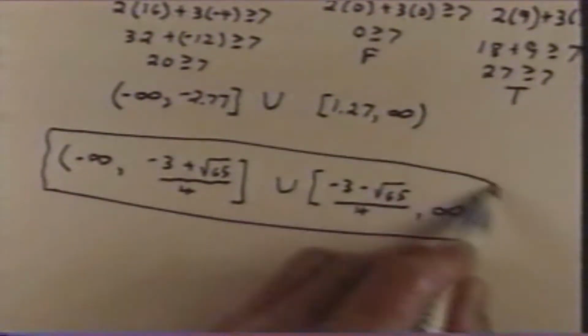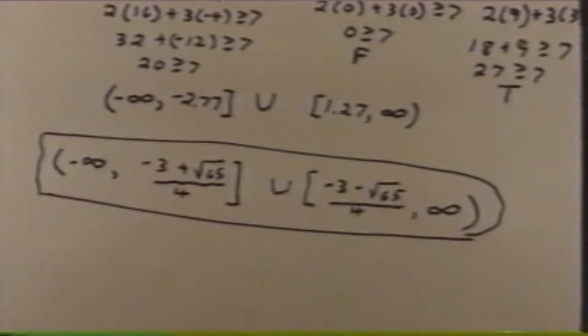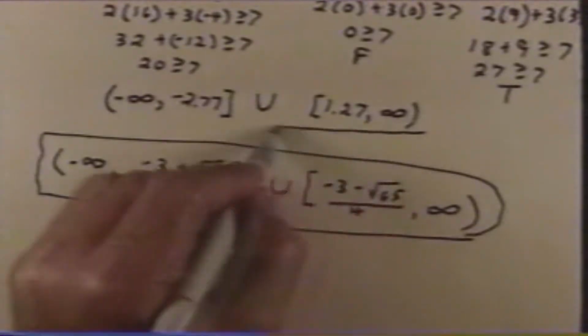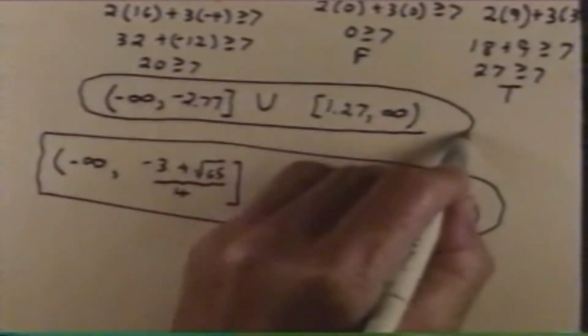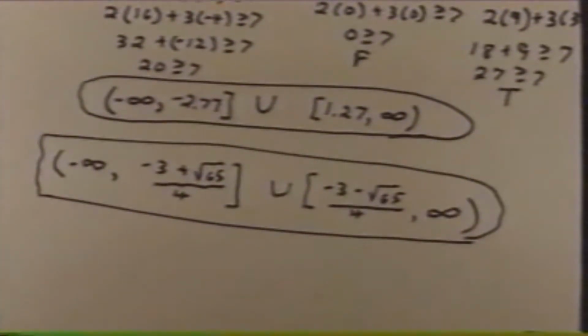So this would be the way of writing it exactly. Check with your teacher to figure out which form they prefer. I prefer this one because I think it's more meaningful.